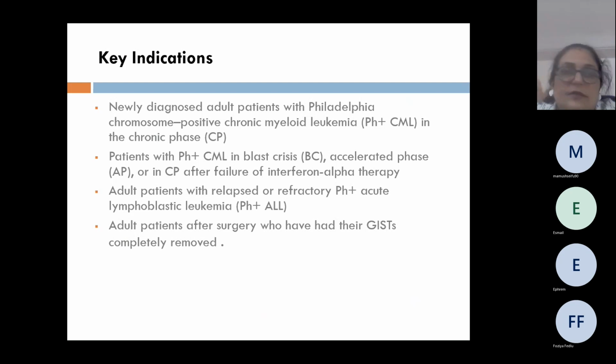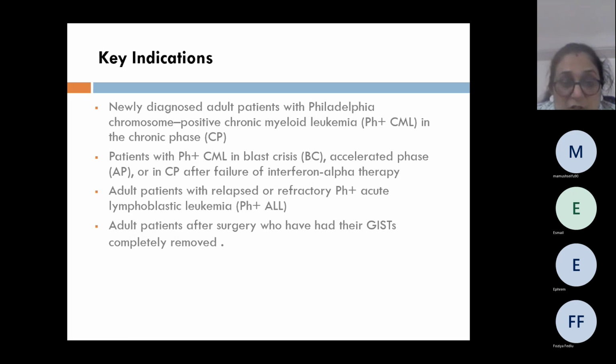What does acute mean? Which is starting suddenly. Lymphocytic means the lymphoid cells are involved, right? But which type of ALL patients? The ALL patients who have the Philadelphia chromosome present. So only in those patients imatinib will work.